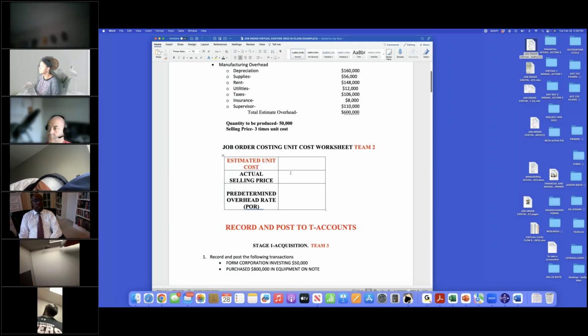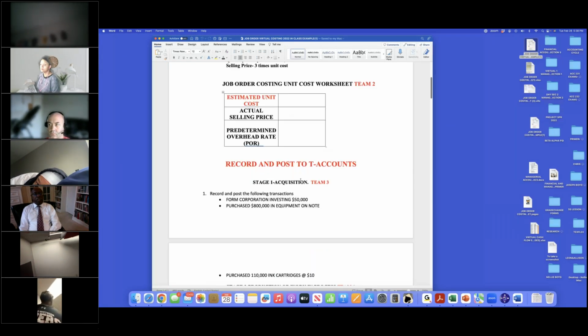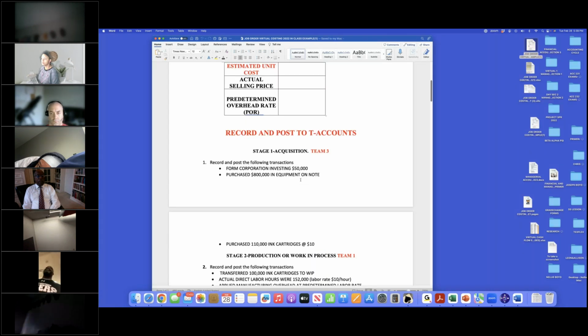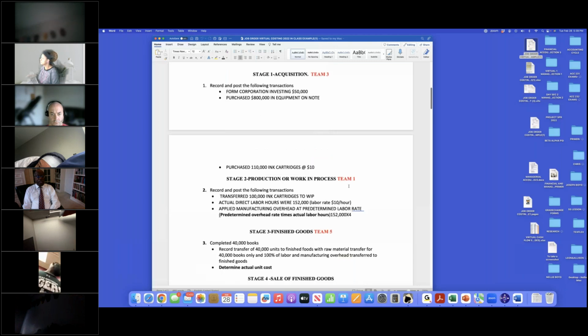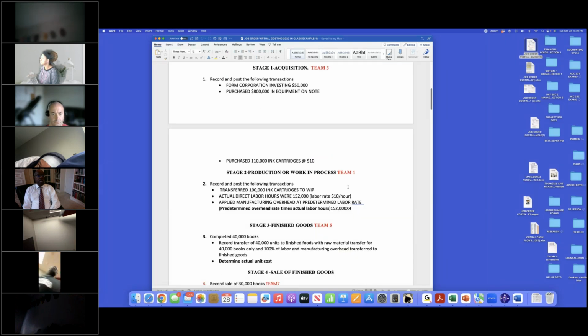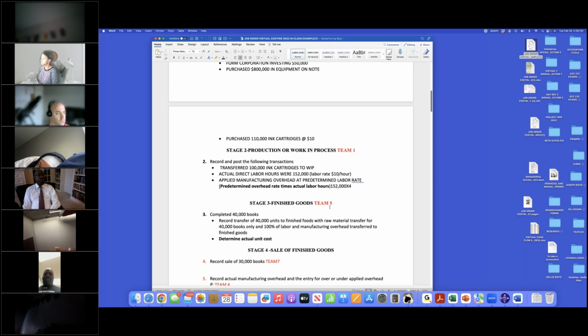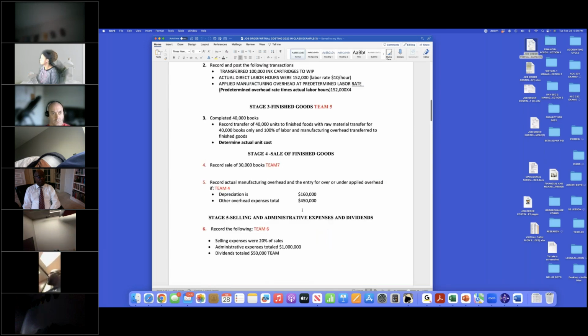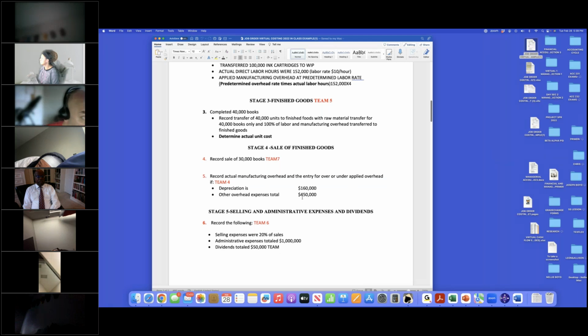You can see the journal entries: stage one, team three; stage two, team one; stage three, team five; stage four, team seven; stage five, team four; stage six, team six. These are the journal entries that will be made.